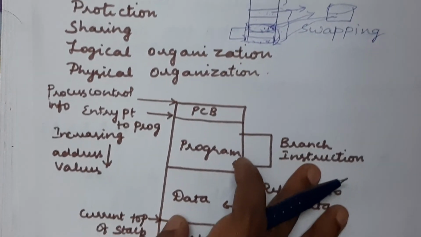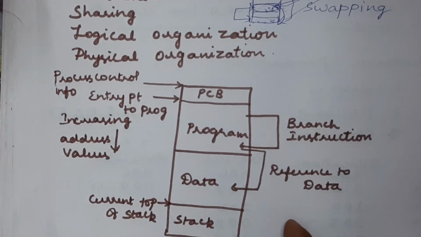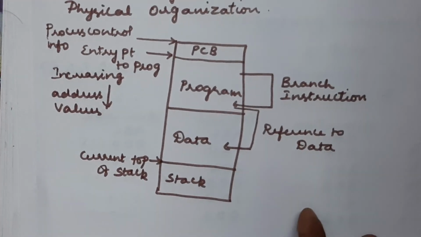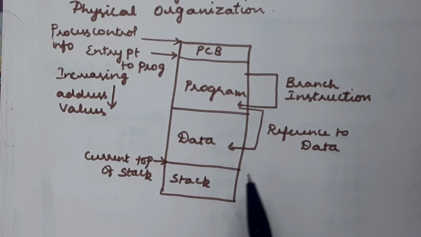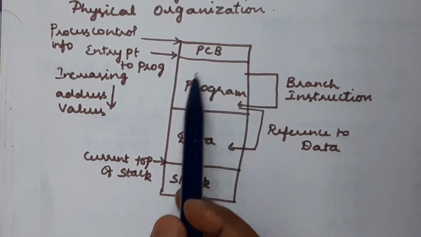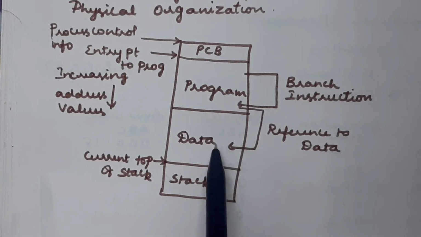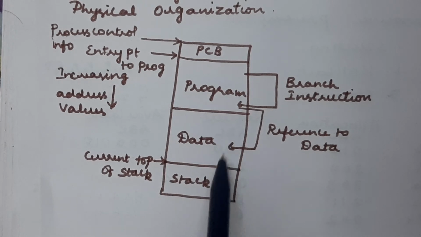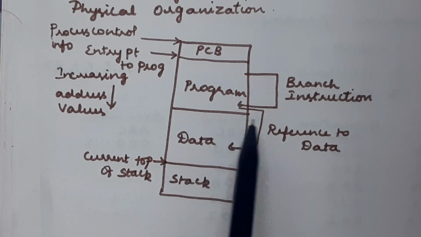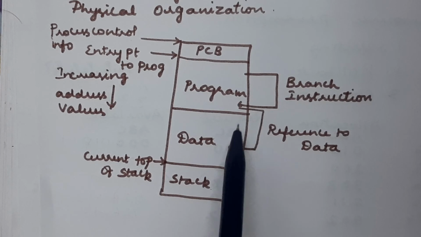This diagram explains the address references we have. Suppose you want to execute one of the programs; it is stored here, and the data you need to execute this program is stored in the second part. And here we have the stack to perform all this execution.